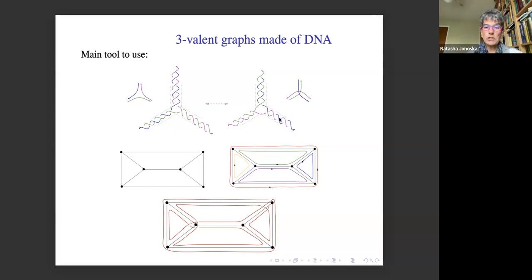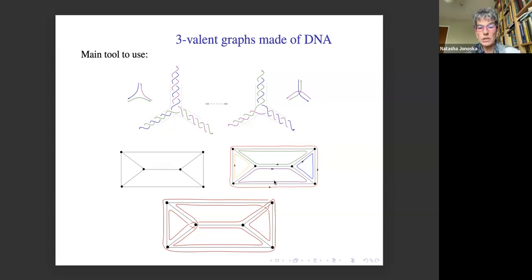But if I introduce this change in this vertex and in this vertex, then I end up with another situation in the graph made of single strands. So instead of 5, I think there are 5.